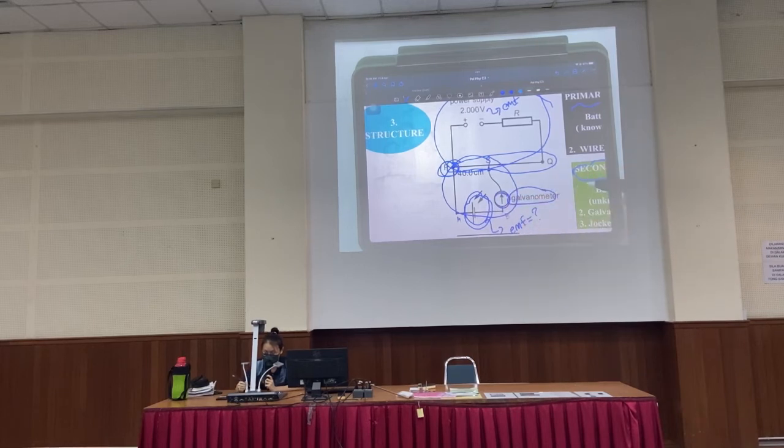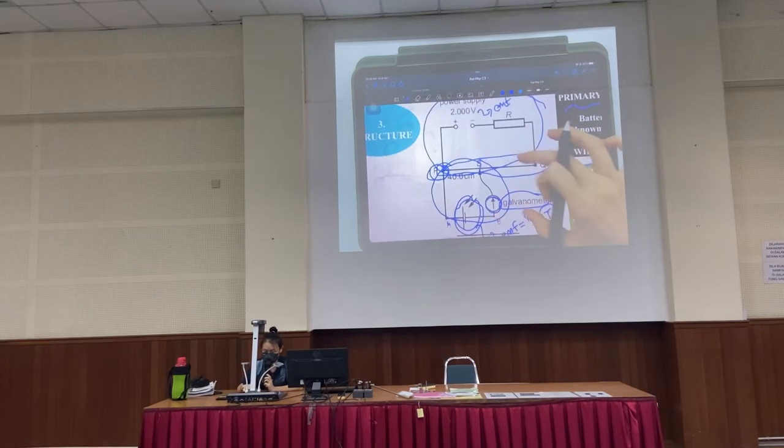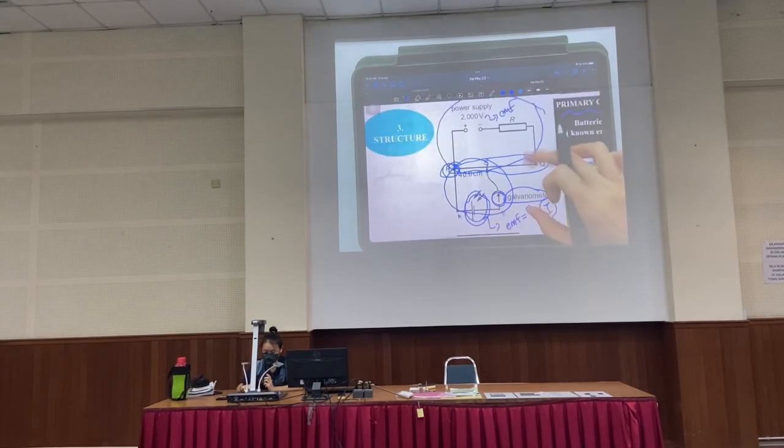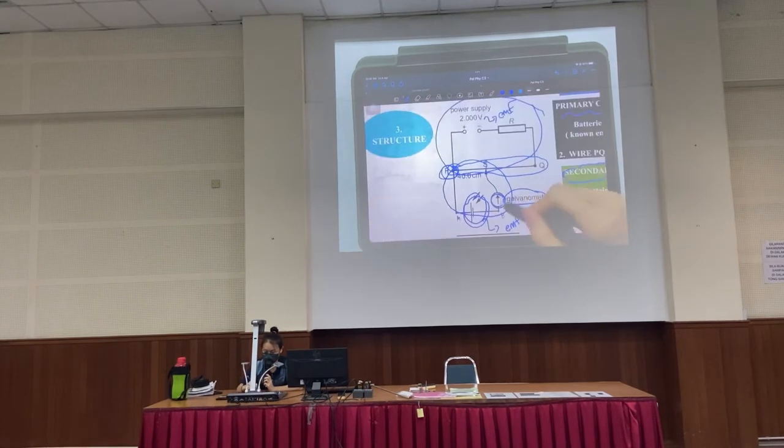What is a galvanometer? A galvanometer is used to measure the current. I just mention this first; later on, you will know why we should have this galvanometer here.